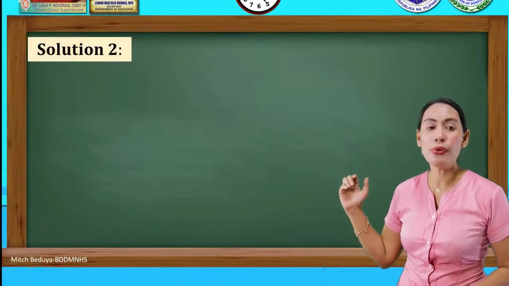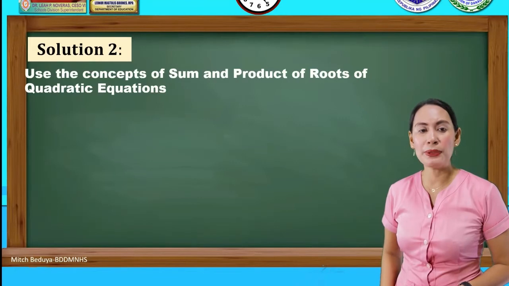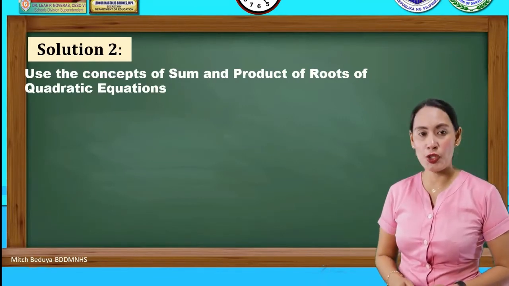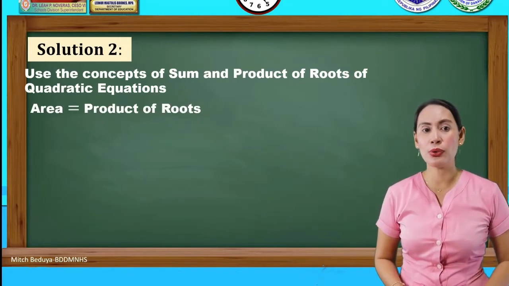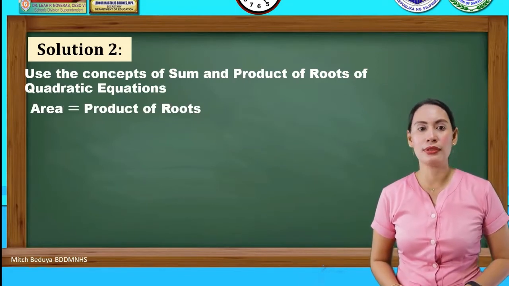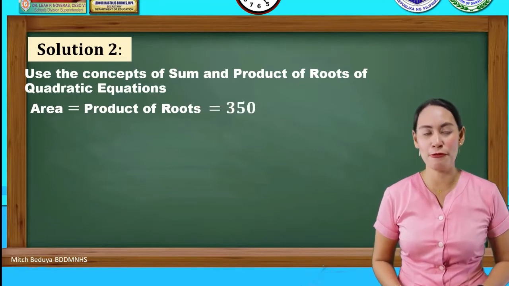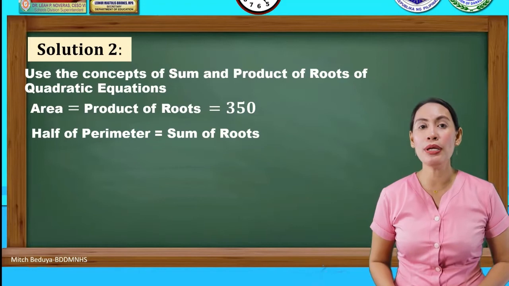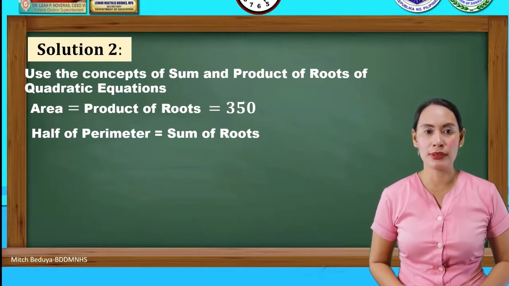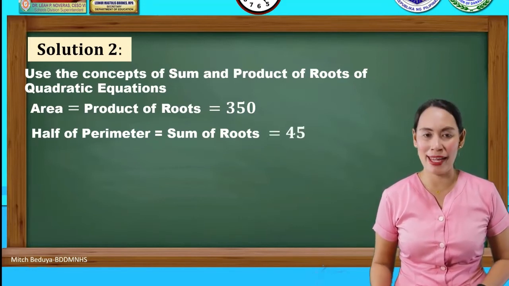Solution number 2, use the concepts of sum and product of roots of a quadratic equation. Area is equal to the product of roots, that is equal to 350. Half of the perimeter is equal to the sum of roots, that is equal to 45.